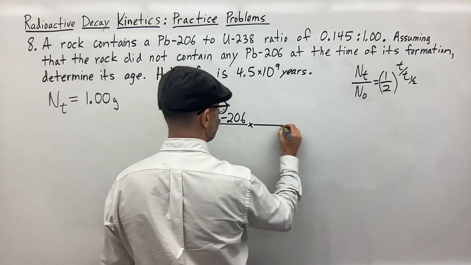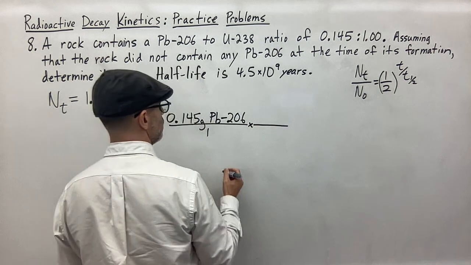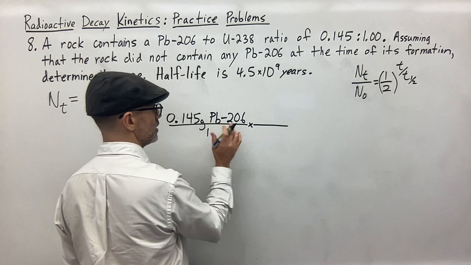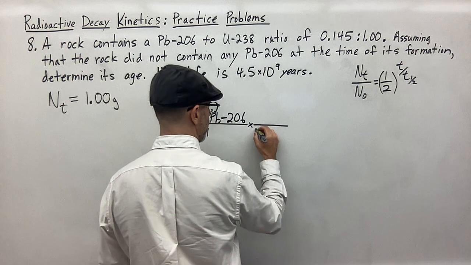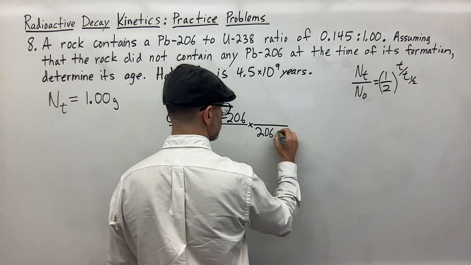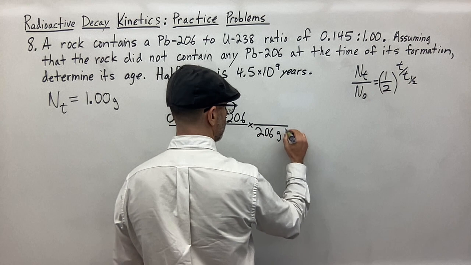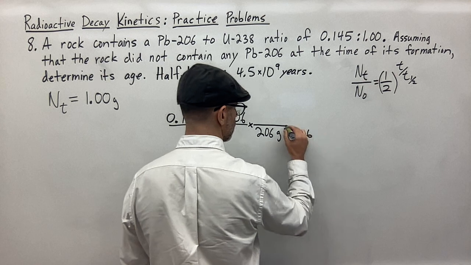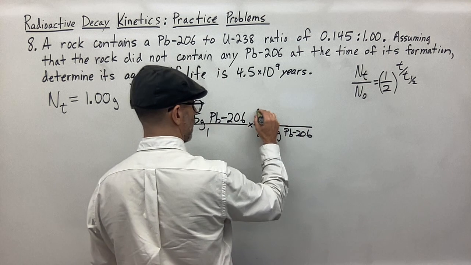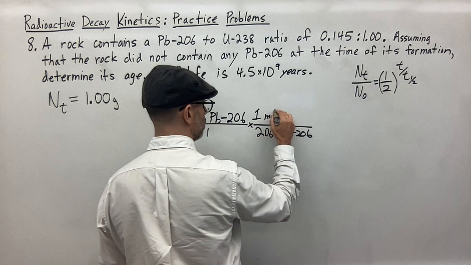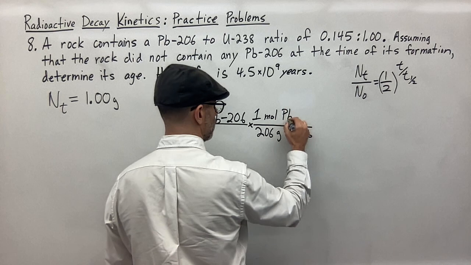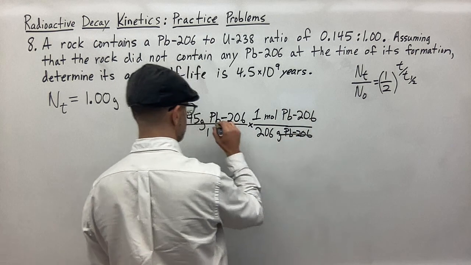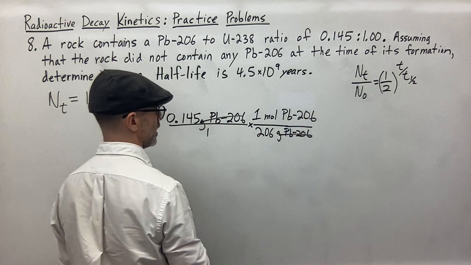So we need to convert that to moles. Since this is lead 206, the molar mass is 206 grams. So 206 grams of Pb206 on the bottom and 1 mole of Pb206 on top, so the grams of Pb206 cancel out.